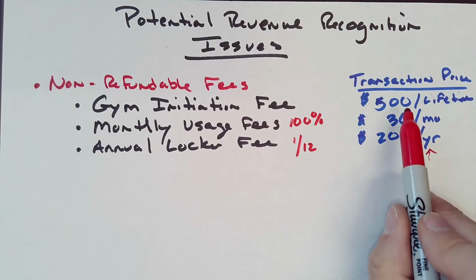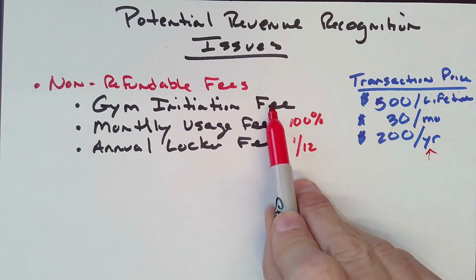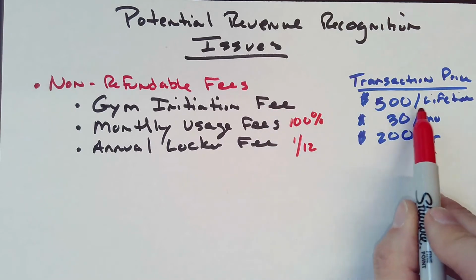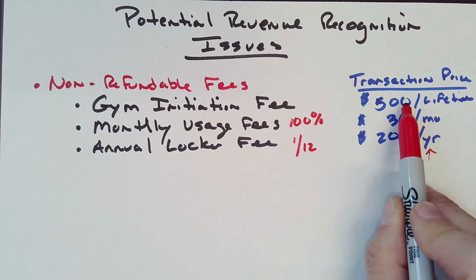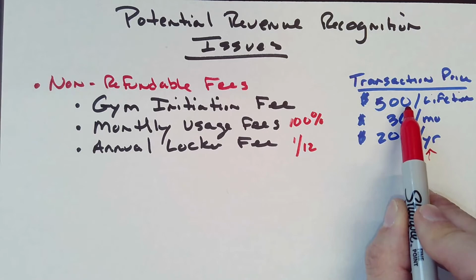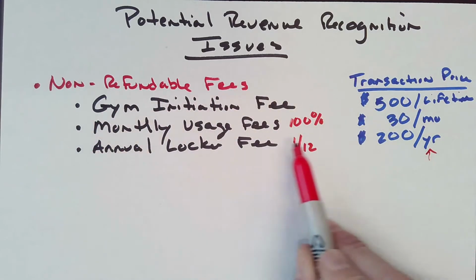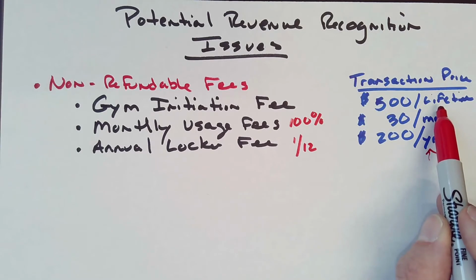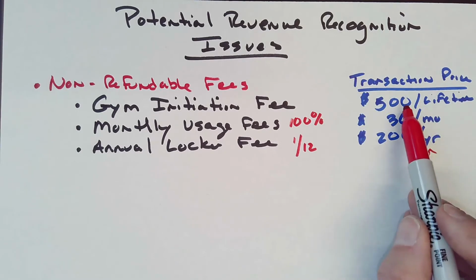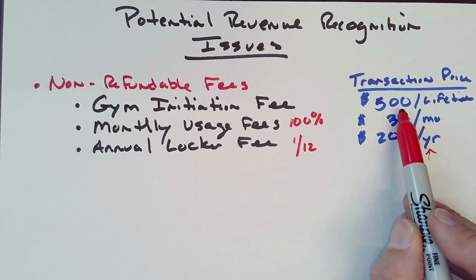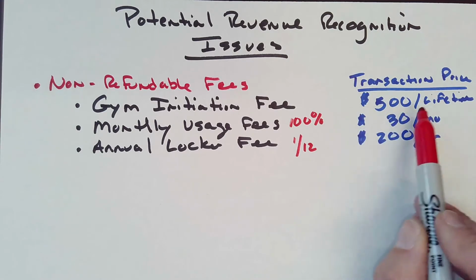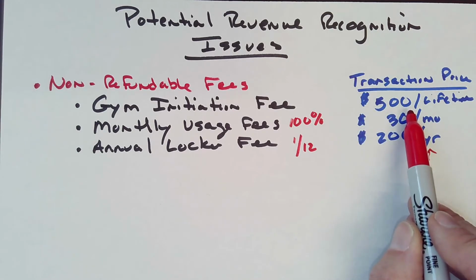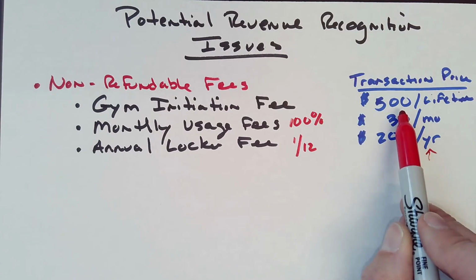And then this gets tricky, this gym initiation fee. This is an initiation fee that grants you access to this institution for life. So this $500, you can't recognize that right up front. You can't recognize that in a year.